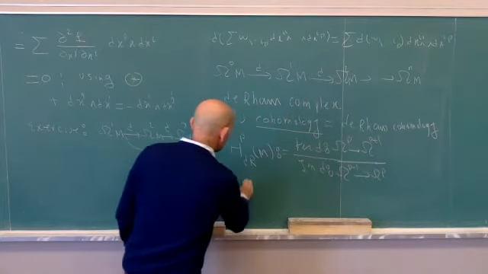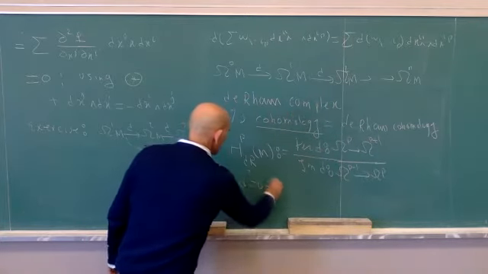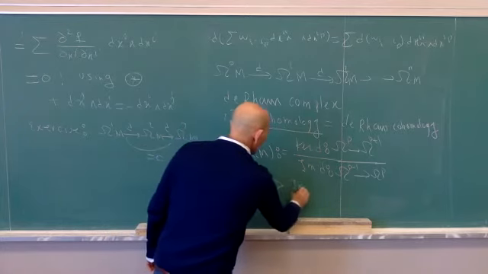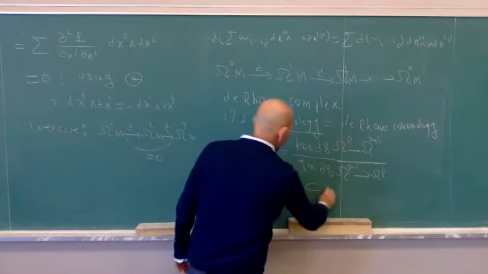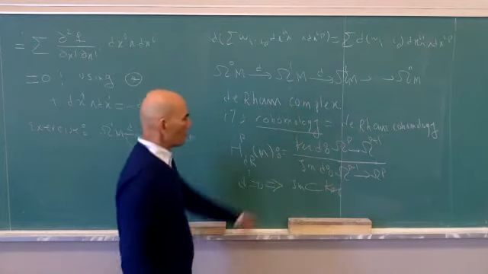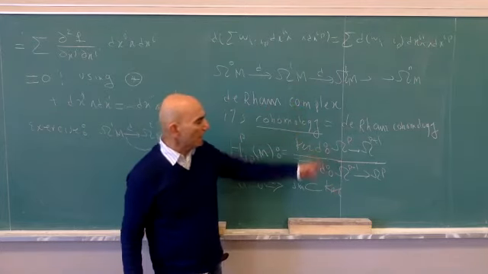The fact that d squared is equal to 0 means the image is inside the kernel, so this is really a subspace.